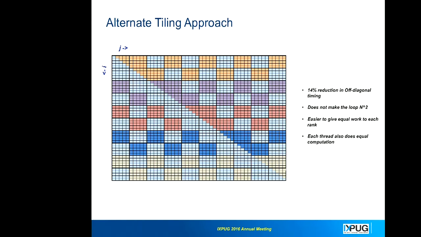It was easy to distribute the work to each thread. You find how many tiles you have, and then distribute work to each tile. The advantage is that it still did not make the loop n square; the loop remained n square plus 2, and it is easy to distribute ranks.